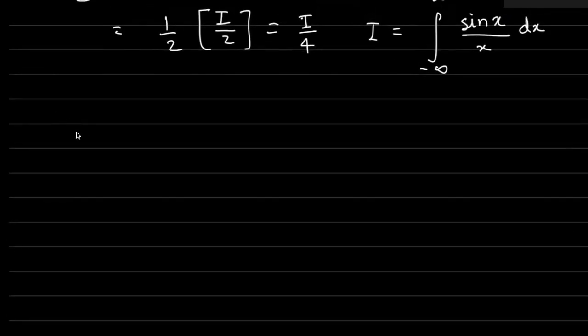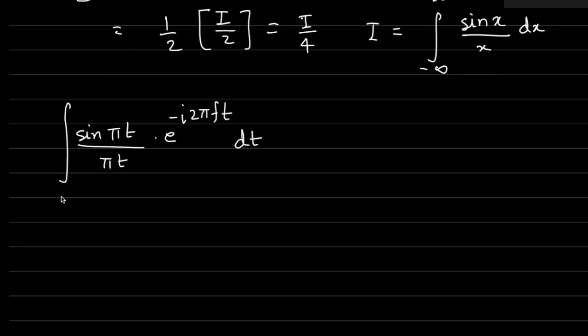Now we know that the integral of sin(pi t) by pi t into e to the power minus i 2 pi f t dt will give you rect of f.